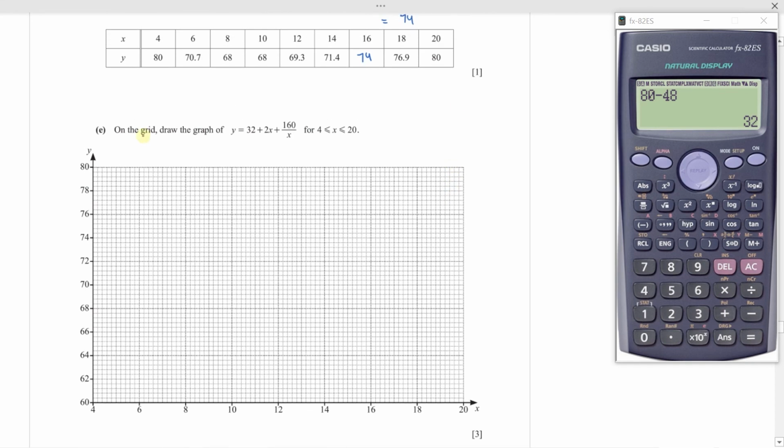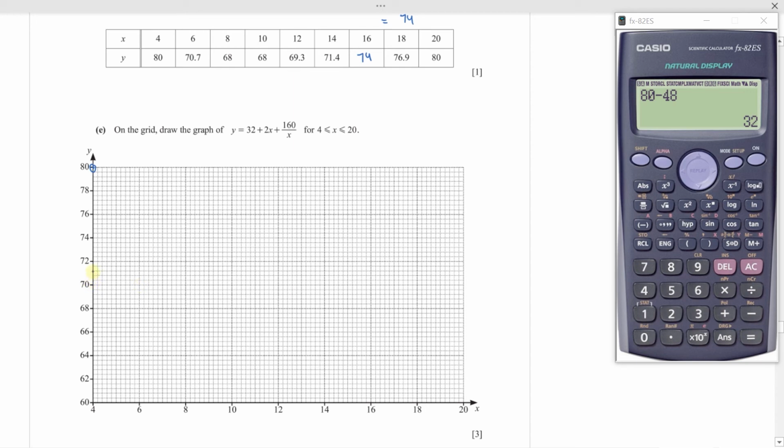The next part is on the grid. You have to draw the graph for this equation for x values between 4 and 20. So let's plot these points. When x equals 4, you have y value 80. So it will be this point here. For x equals 6, you have 70.7. So this is 70. Let me first calculate how much each small box represents.